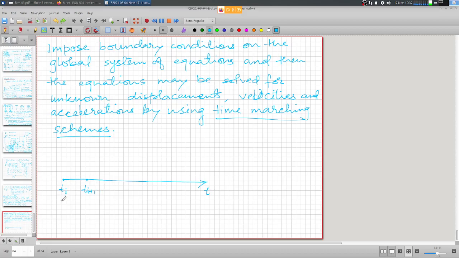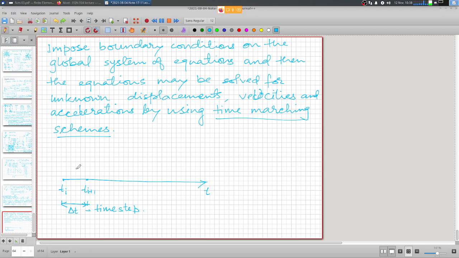And this interval is known as the time step. That means we advance the solution one step at a time, in steps of delta t seconds.